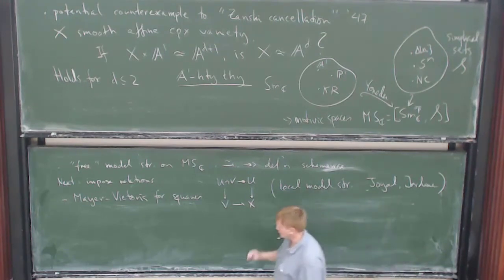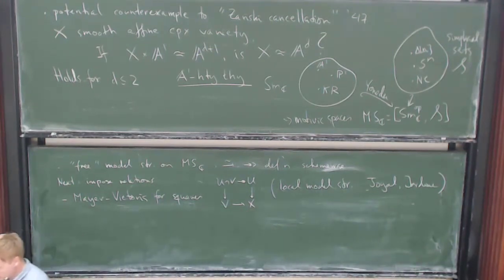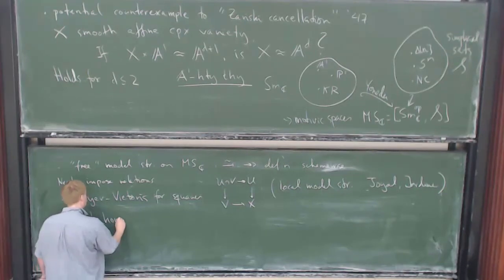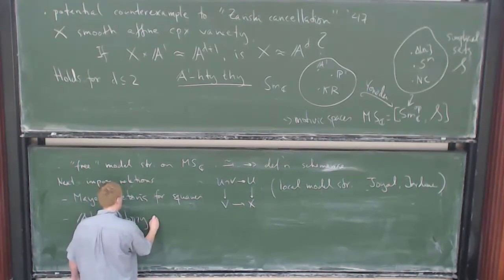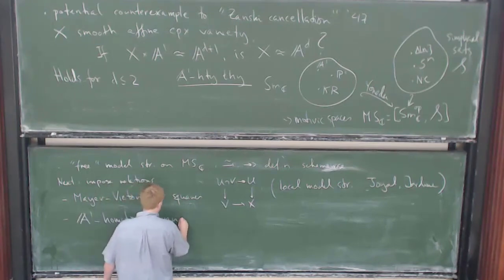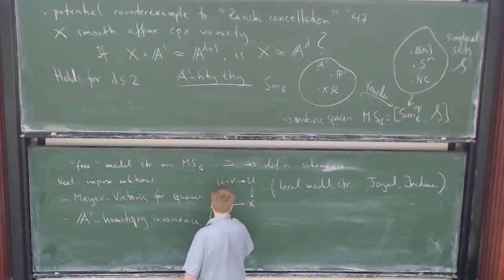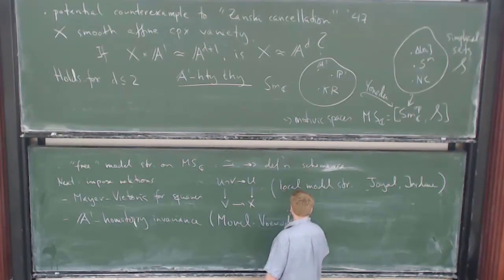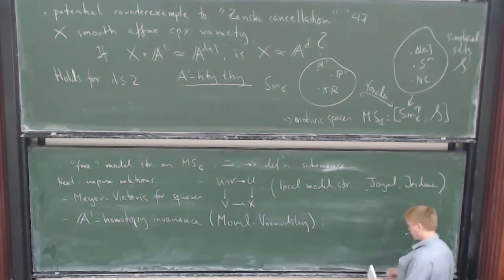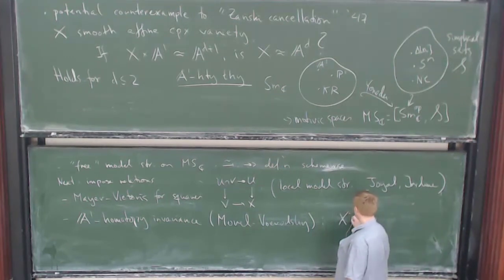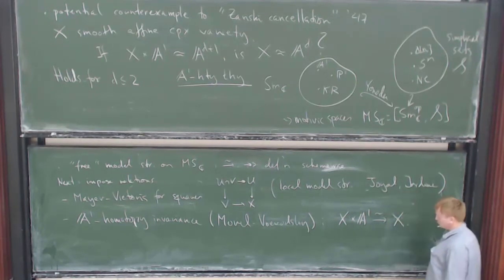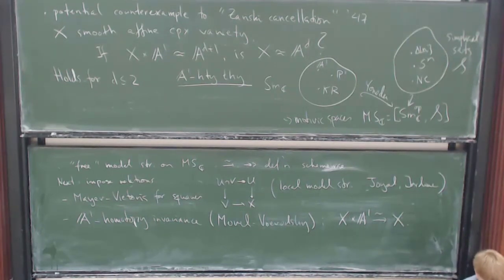But that happens in the next step, where we impose A1 homotopy invariance. So this is due to Morel and Voevodsky. So in this case, well, we insist that the projection map from the cylinder on X down to X is a weak equivalence for all X in smooth schemes.